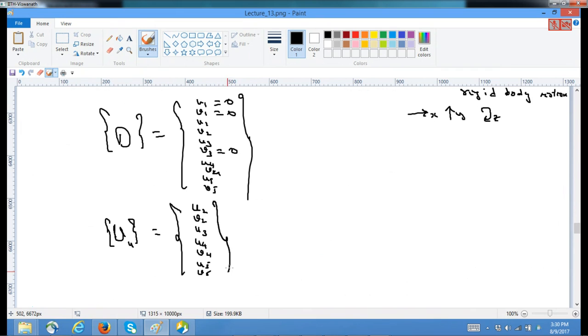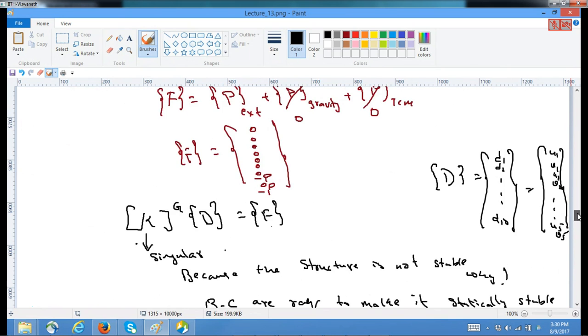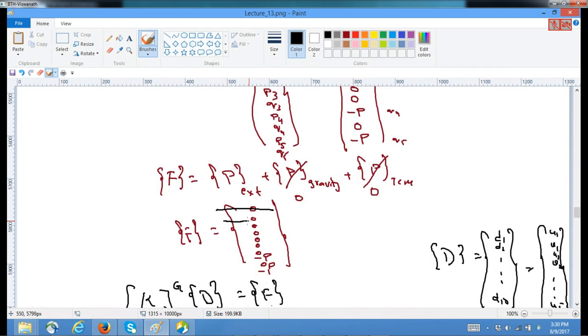Now if I want to solve the problem, I need to get KUU. In order to do that, you go to the force vector and eliminate anything with respect to u1, v1, and v3.